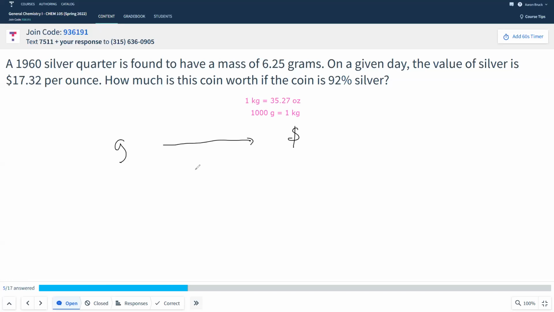So if we start putting the pieces together, working backwards, we know that we can turn ounces into dollars, kilograms into ounces, and grams into kilograms.